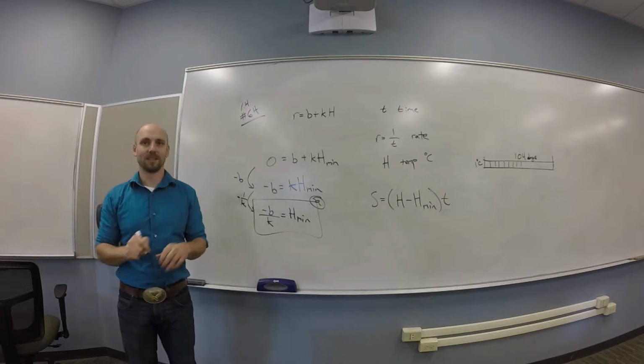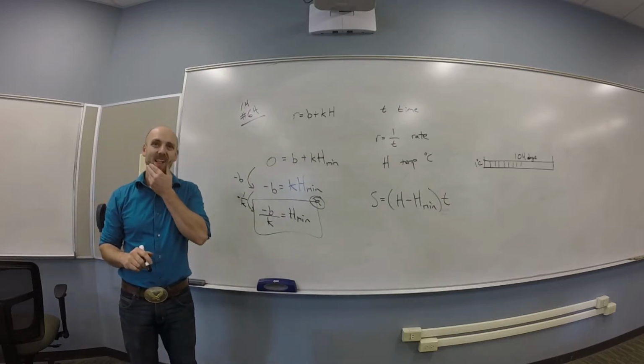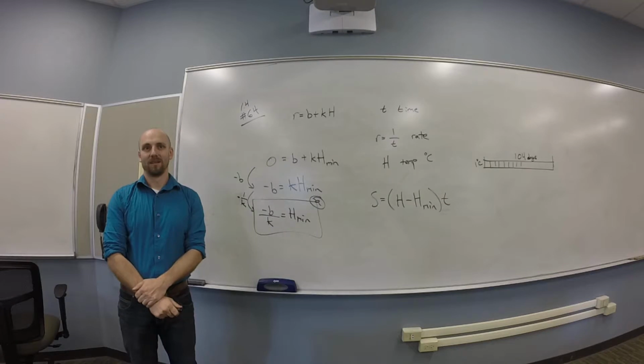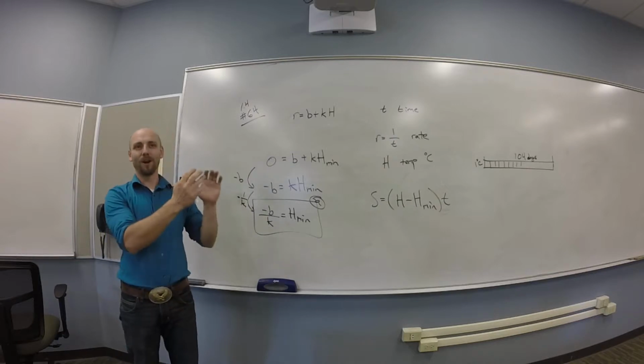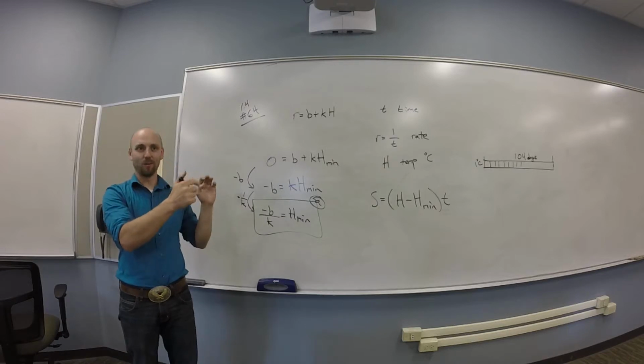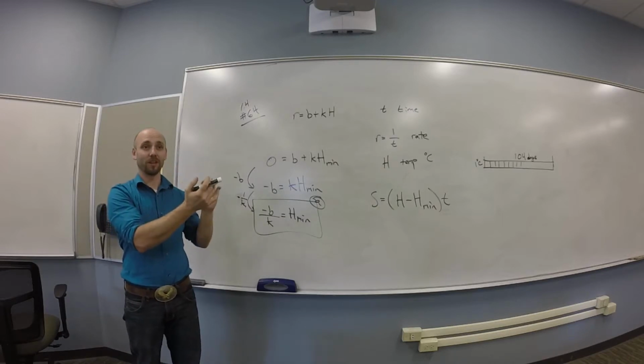What is this? It looks a little bit like part of the point-slope form of a line, right? Without the y bit, this looks like a chunk of that.